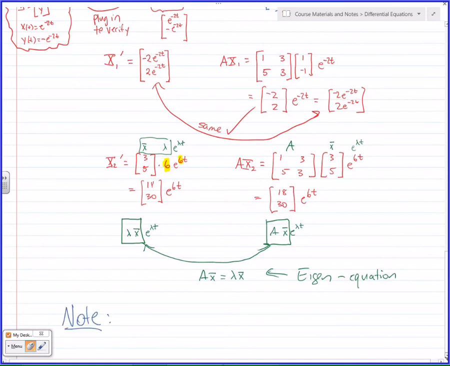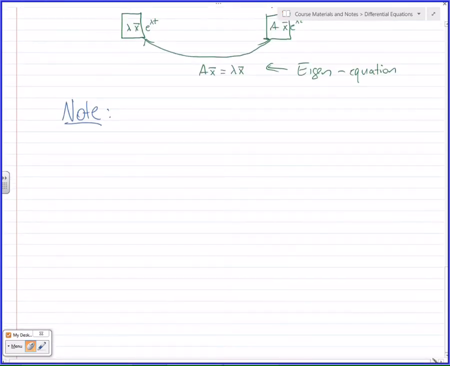A couple of notes that I want to throw in here. I'm skipping over important information that I'm not even going to give you about existence and uniqueness of solutions. I do want to throw in something called the superposition principle. Turns out the superposition principle holds.